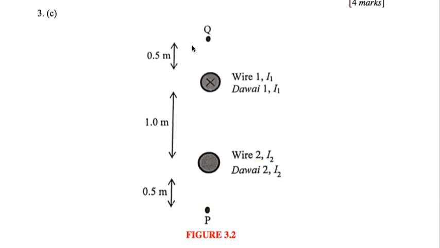Next question: what is the magnetic field at the point Q? At the point Q, you have two B's. The first B comes from wire 1, and the second B comes from wire 2.